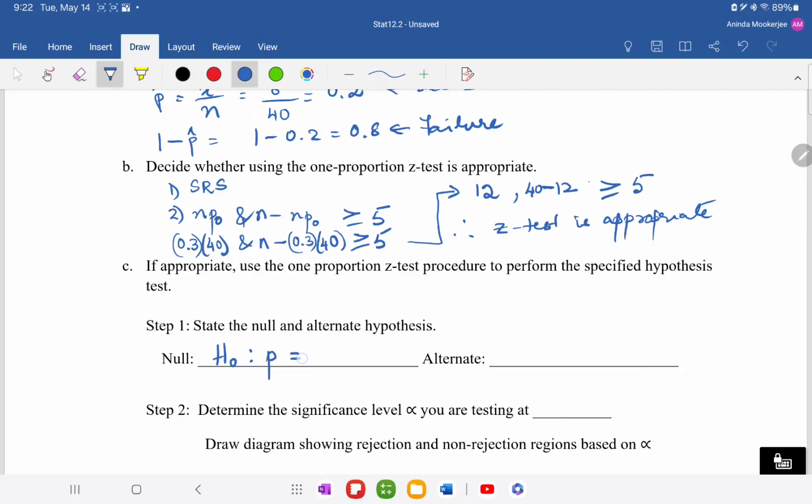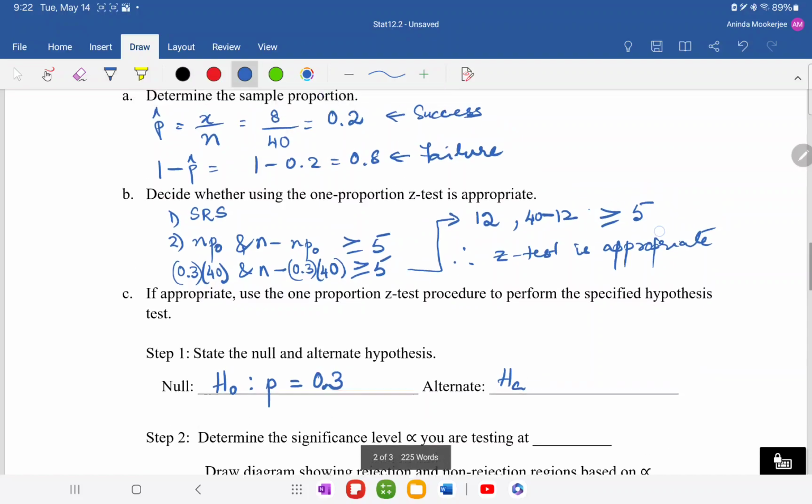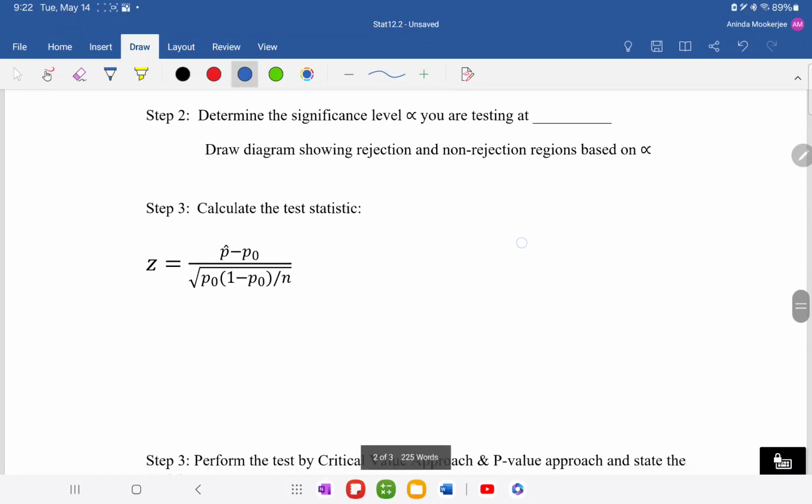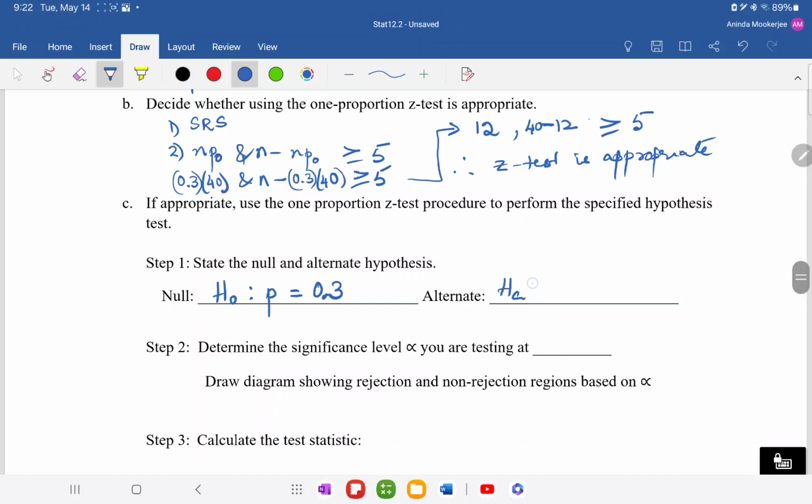So P equals 0.3, as the null hypothesis must always have an equal sign in it. And the alternate hypothesis, if I recall, says that P is less than 0.3. So H sub A: P less than 0.3. Based on the alternate hypothesis, this is going to be a left tail test.